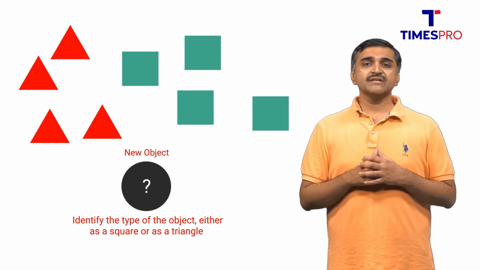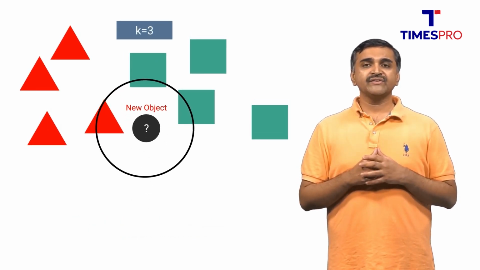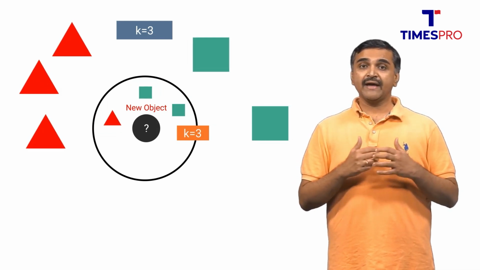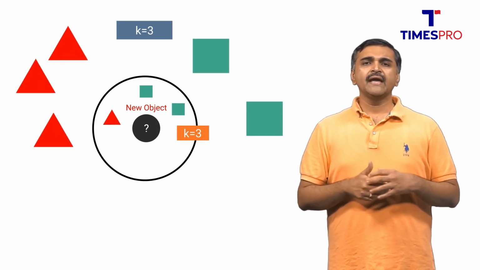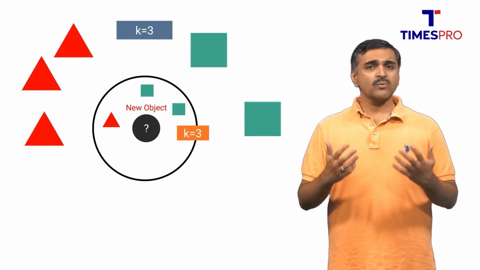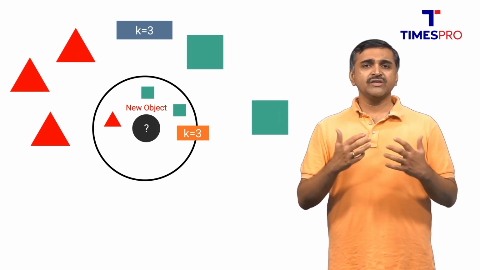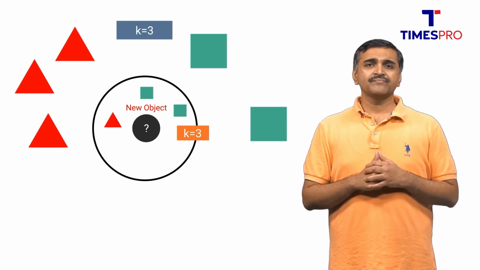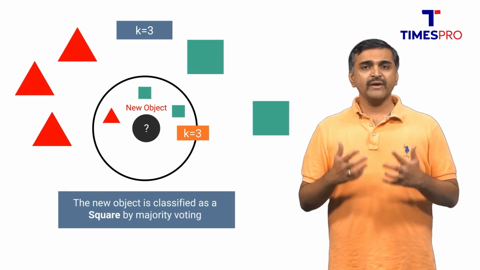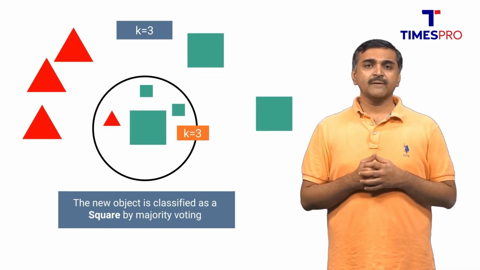Suppose we consider the value of k as 3, and by looking at the 3 nearest neighbors for this new object and by applying majority voting, it is evident that the majority of the data points are square, and we have just one data point which is near being a triangle. So this new object is going to be classified as a square by majority voting.